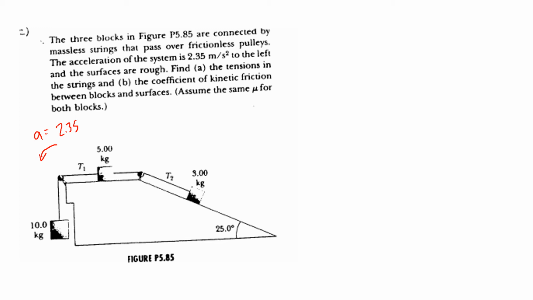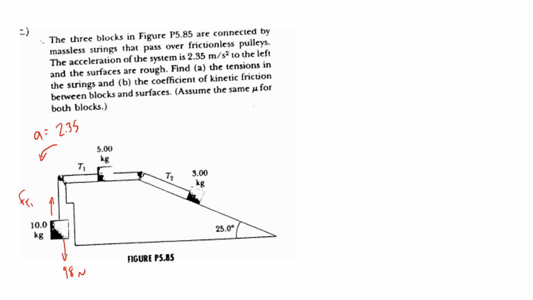Okay, so it's basically the second half. See if you can figure out the tensions. I'm going to do T1 first, and then T2. You pause the video, see if you can do it. If not, well, don't pause then. Alright, looking at this one, I've got a 98 Newton force here, and this is my FT1.